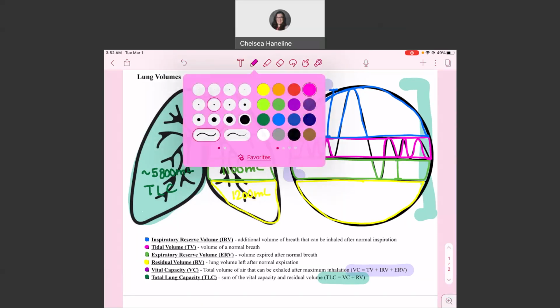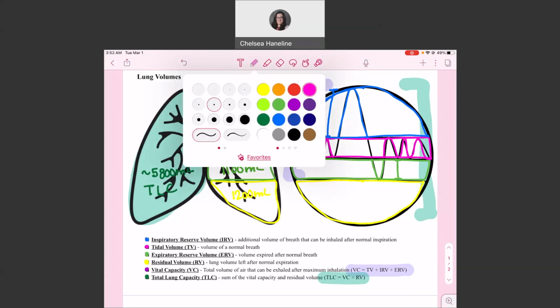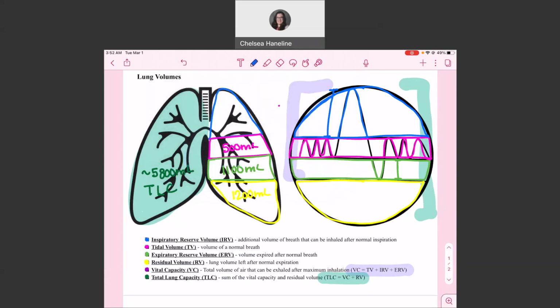And our tidal volume is typically 500 milliliters, so this one is definitely the smallest because you're just breathing out and in normally. Then our inspiratory reserve volume is 3,000 milliliters, and that makes sense, right? You should have a lot of room left to breathe in a lot more because of exercising and the ability for your lungs to grow and expand over time.